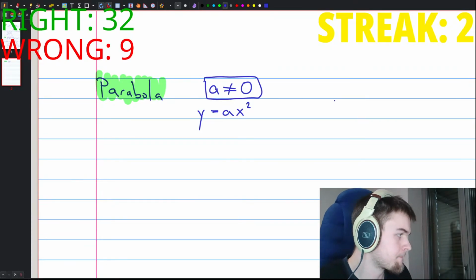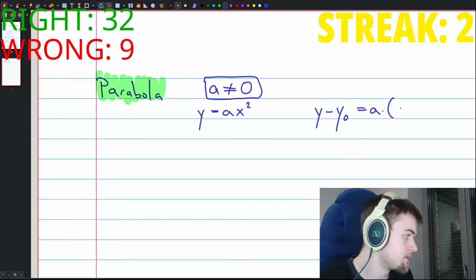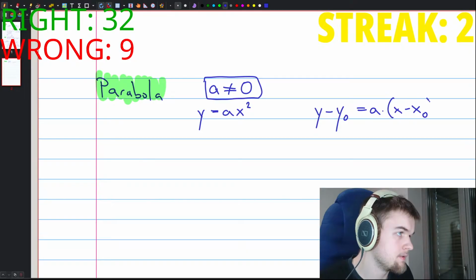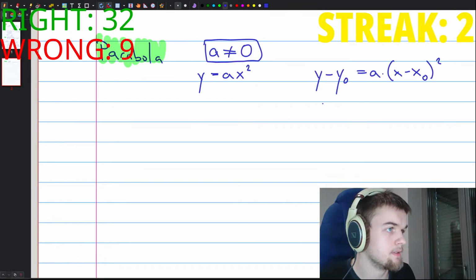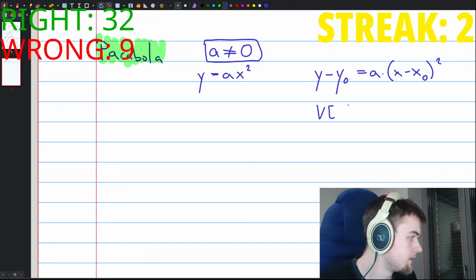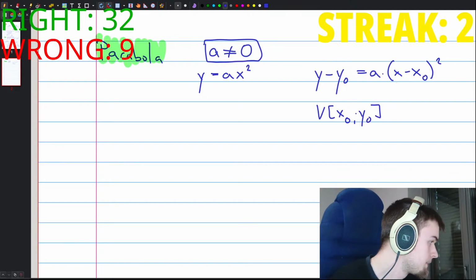And y minus y0 equals a times x minus x0 squared, which leads us to the starting point, x0, y0. Once again, you have to pop it in negative, or however you want to call it.